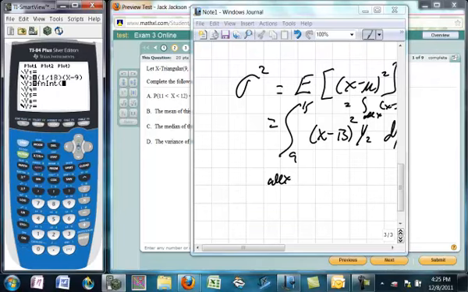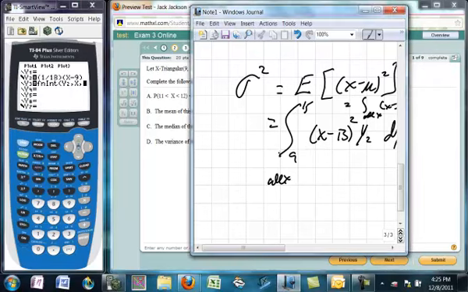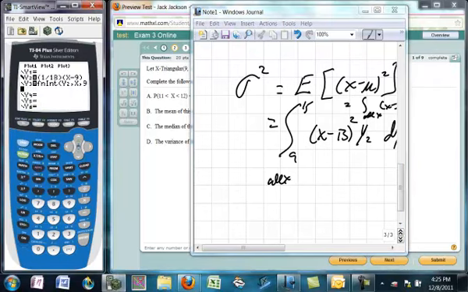I'm going to go back to Y2 for my formula with respect to X. And then I'm going to go to the point where there's nothing below it, which is 9, and then go up to an arbitrary X. And so this will give me my CDF, hopefully. And the CDF should start at 0 and end up at 1 as we go on this window. So I can leave the left and right the same, but the Y max needs to go up to 1.